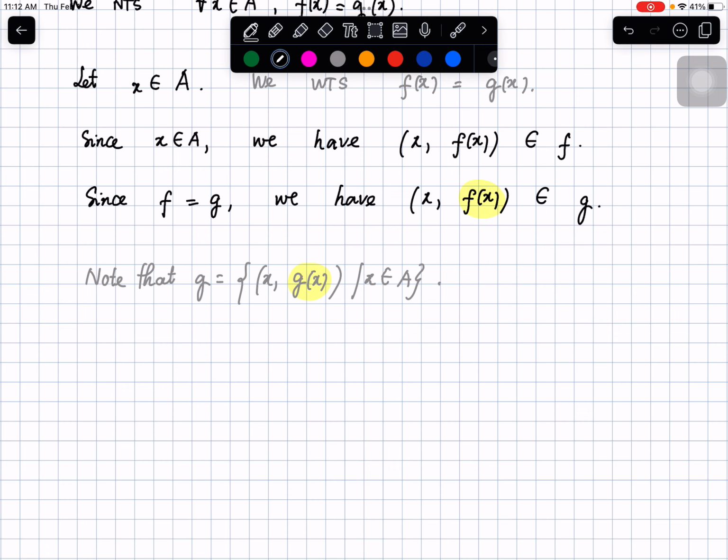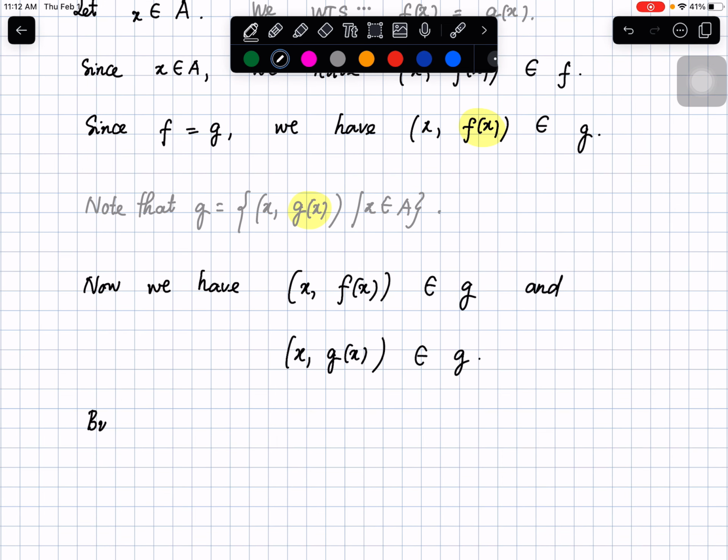Now we have (x, f of x) is in g, and (x, g of x) is also an element in g.